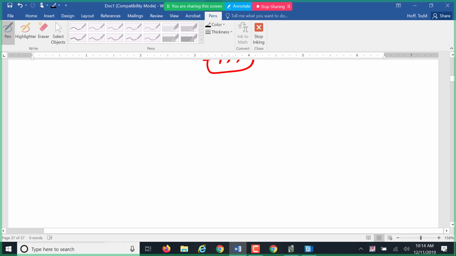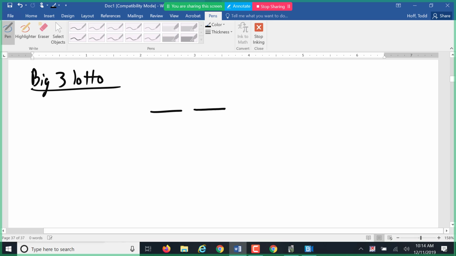So let's look at another possibility here. Let's look at the big lotto. The big lotto is going to be 3 numbers. So we're going to call it the big 3 lotto. So you have to choose 3 numbers. Our first possibility we're going to put up here is, first of all, numbers are chosen.